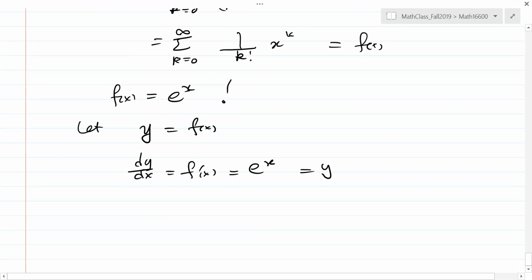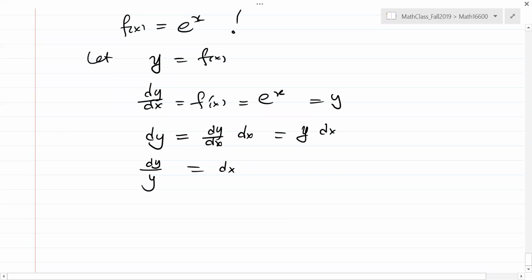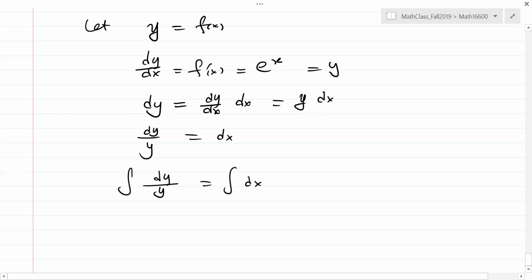So here's the magic. dy over dx can be viewed as a differential ratio, so that dy equals y dx, and dy over y equals dx. Then you put in the integral. This is the natural log of y.